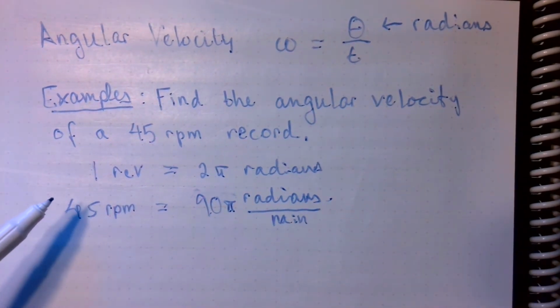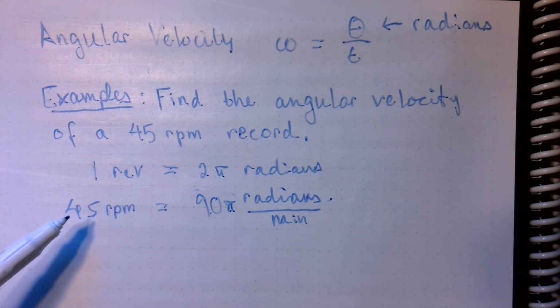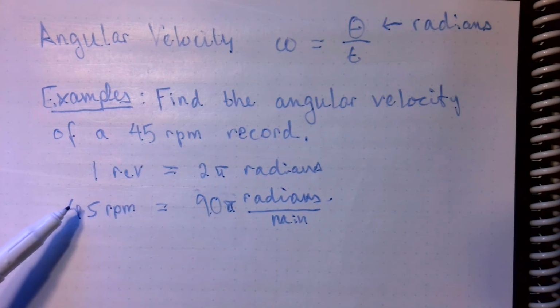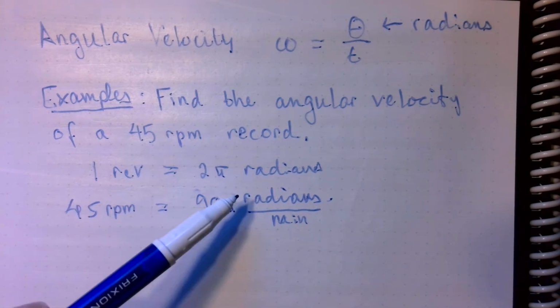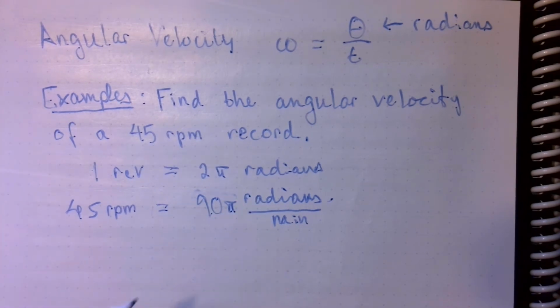Okay, so a lot of times how fast something is turning is given to us in revolutions per minute. We need to turn that into radians per minute. Now, the reason that we're doing that is there is a nice useful connection between the two concepts.